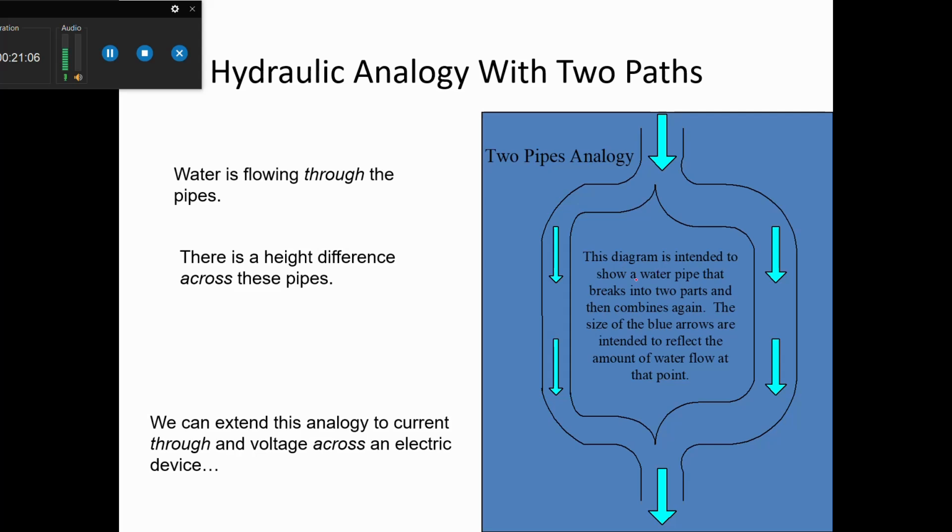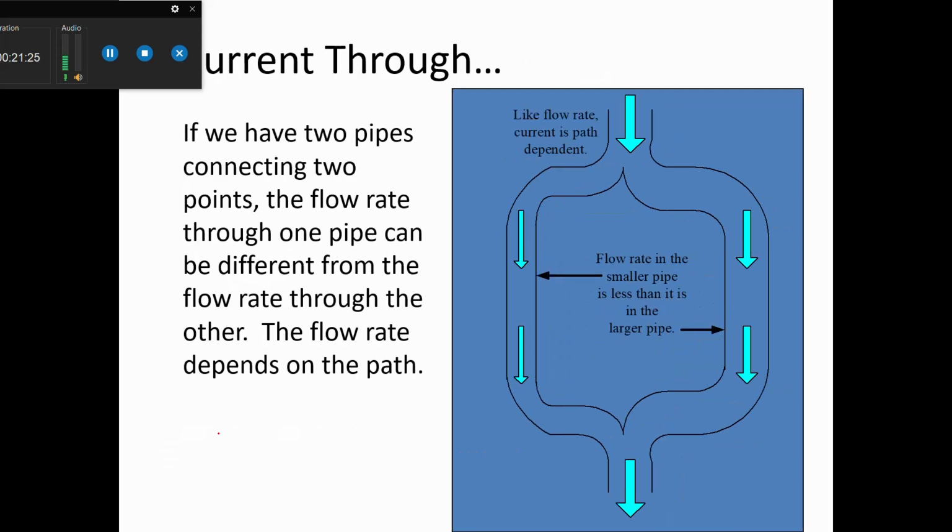The diagram is intended to show a water pipe that breaks into two parts and then combines again. The size of the blue arrows is intended to reflect the amount of water flow at that point. So if we have different pipe lengths, the pressure will remain the same, and the flow rate in the smaller pipe is less than it is in the larger pipe.